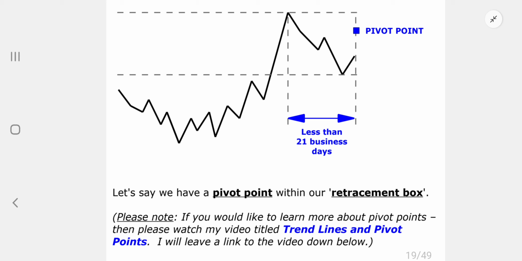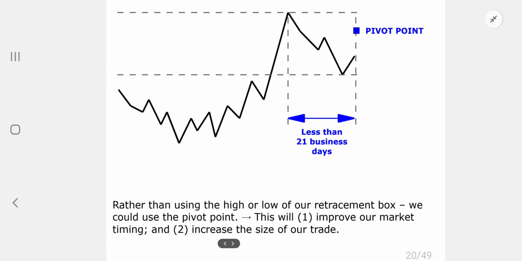I will leave a link to the video down below. Rather than using the high or low of our retracement box, we could use the pivot point. This will, number 1, improve our market timing, and number 2, increase the size of our trade.